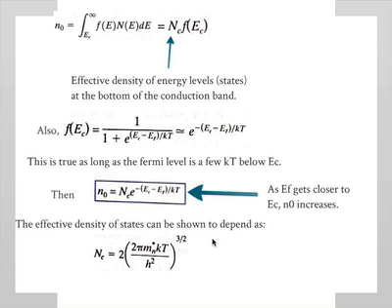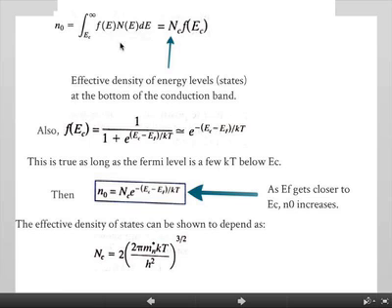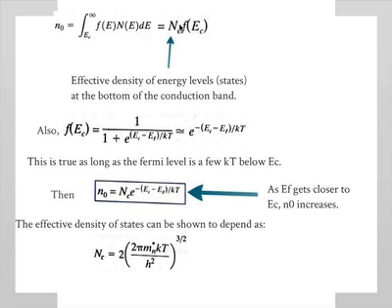Silicon will have a different N of E or NC than gallium arsenide. We need to know the crystal structure in order to calculate the available energy levels. Not the Fermi-Dirac distribution, because that's general. It doesn't matter what material.